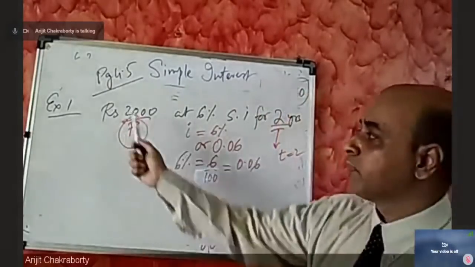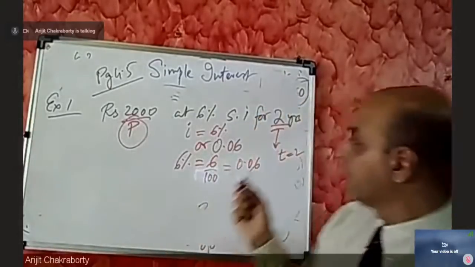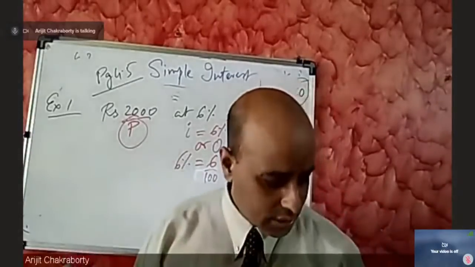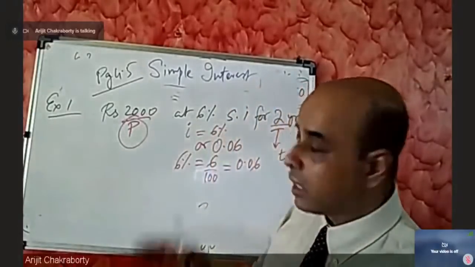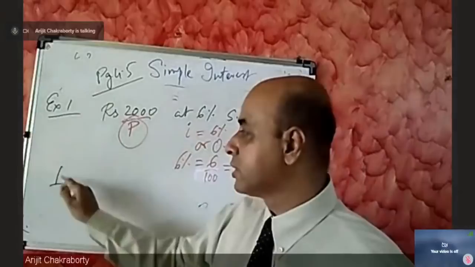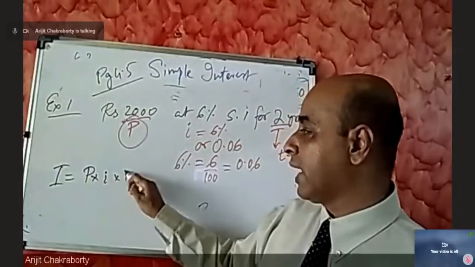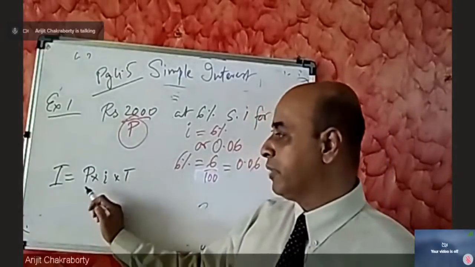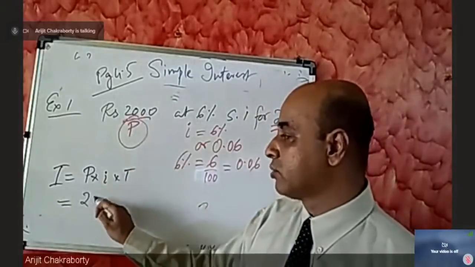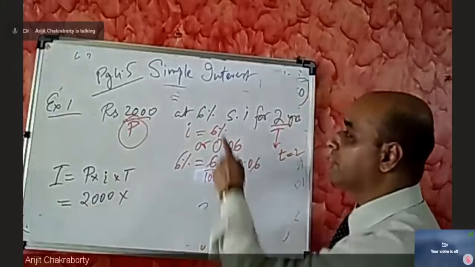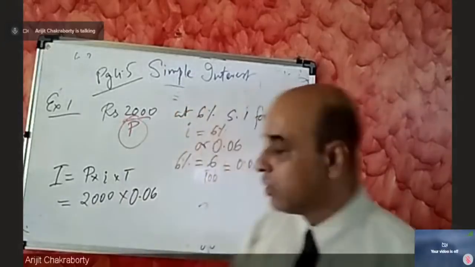So we have principal 2,000 rupees, interest rate 6%, which is 0.06, and time 2 years. We have to find the interest which we are going to earn. So interest is equal to principal multiplied by interest rate into time, P into i into T. Here the principal is 2,000, so I will write 2,000 multiplied by the interest rate, which is 0.06, multiplied by the time, which is 2.